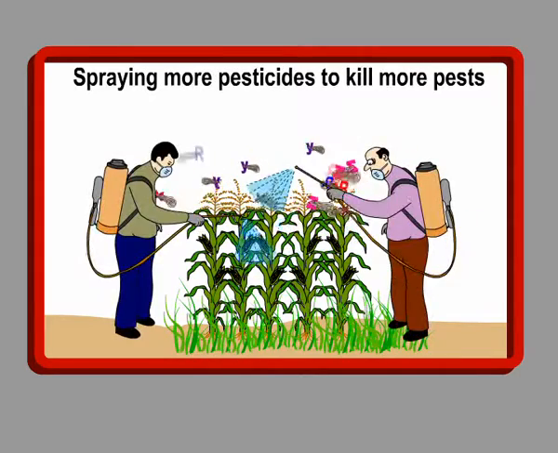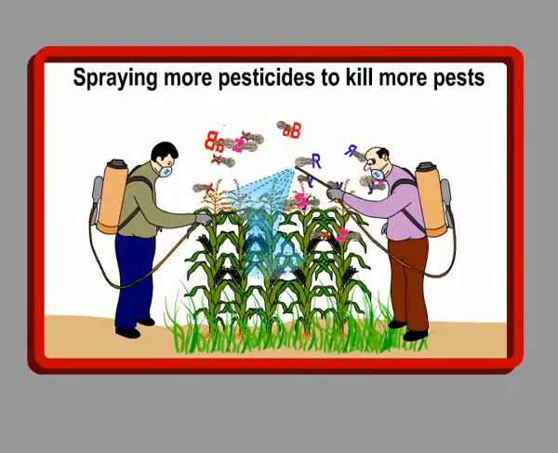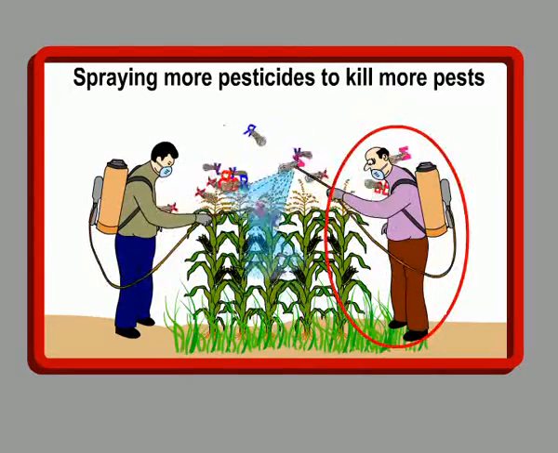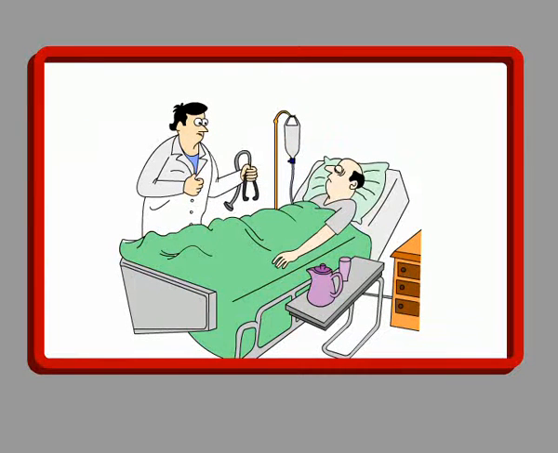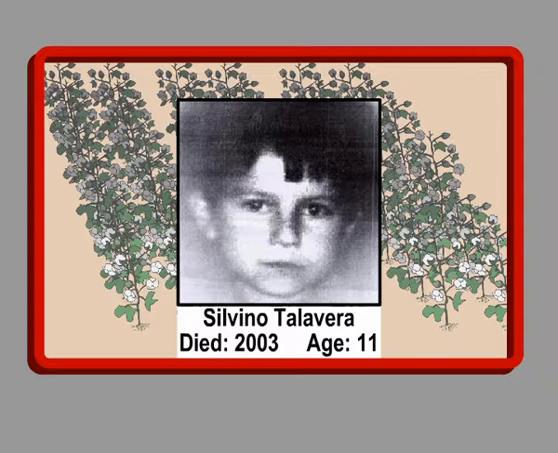GE plants are effective only for a short time against specific pests, but after a while, the pests and weeds in the field build up resistance and the farmers end up using even more pesticides than before. This has been found true for GE cotton in India and China. GE soya fields in South America spray huge amounts of pesticides.